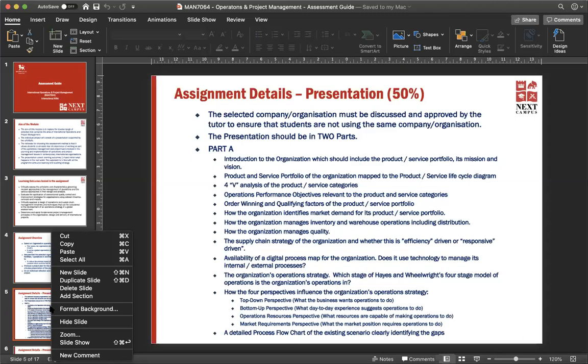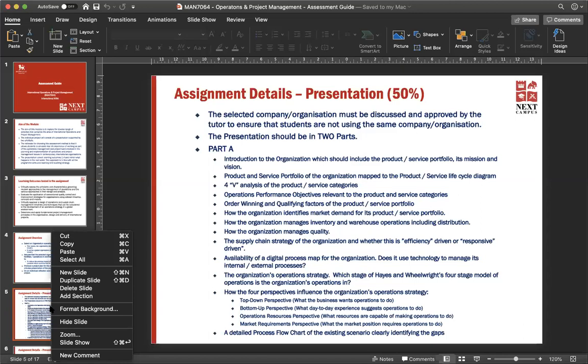So then you're talking about order winning and qualifying factors of the product and service portfolio. You have to understand what order winning and qualifying is. Order winning is the factors that make customers purchase your product or service.